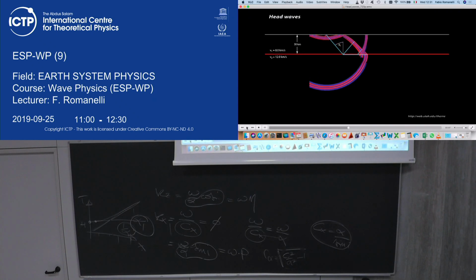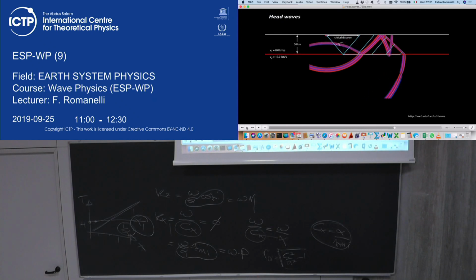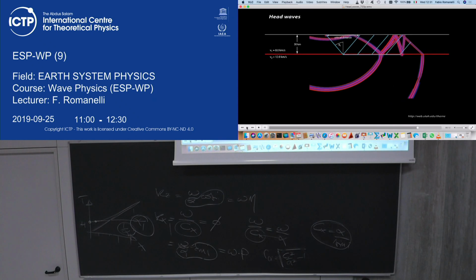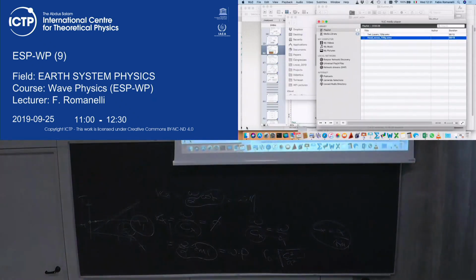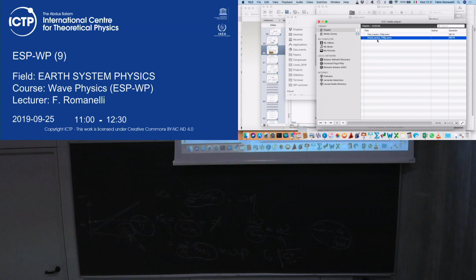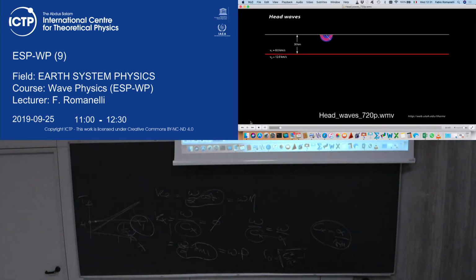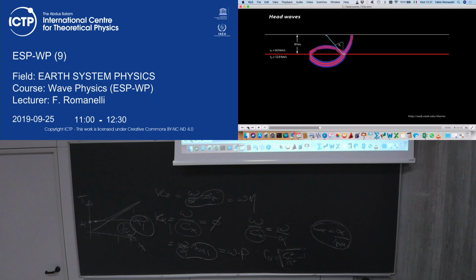Then it's going to go there as a flat wave, as a plane wave, and you will see it there. Let's see it again. Starting. Where it is starting depends on the ratio between the velocities, because that is defining the critical angle.